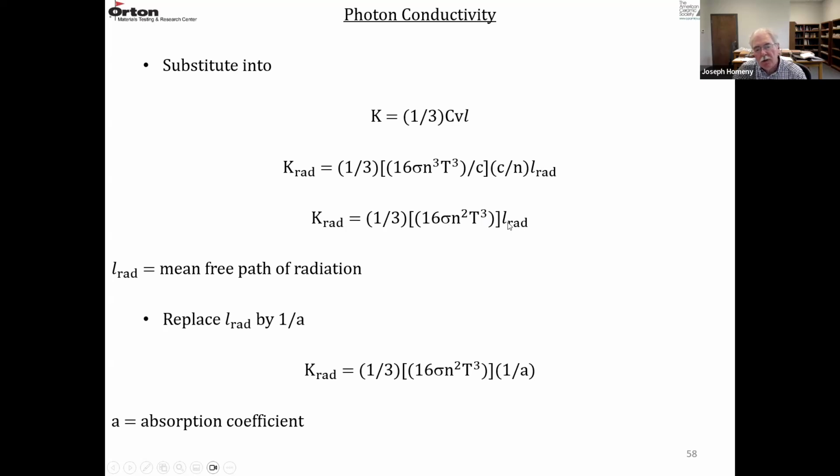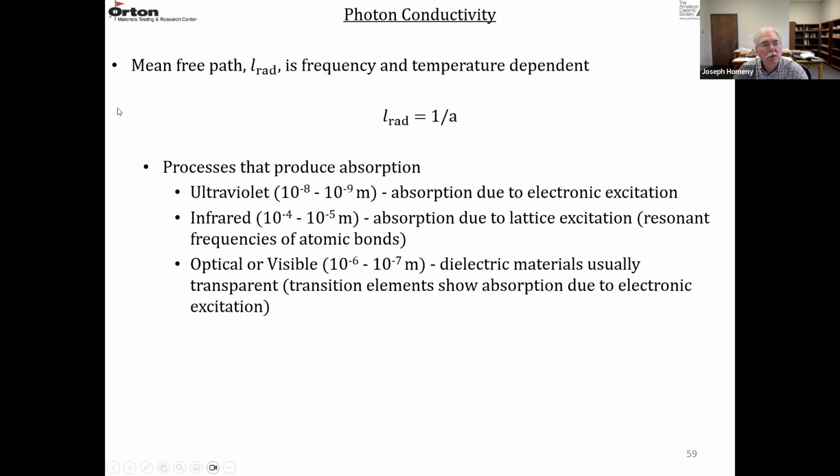You can also replace L by 1 over A, where A is the absorption coefficient. So the higher the absorption coefficient A, the lower the mean free path. So you can write it in terms of 1 over A instead of L. That's the basic equation for radiation conduction in a transparent material.